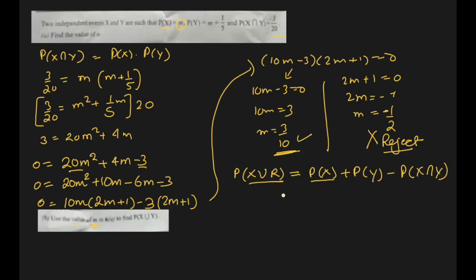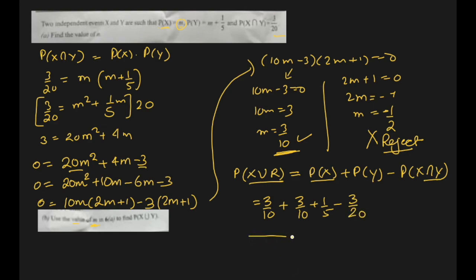So P(X) is m, we got 3 over 10. P(Y) is 3 over 10 plus 1 over 5, minus the intersection, which was already given to us, which was 3 out of 20.